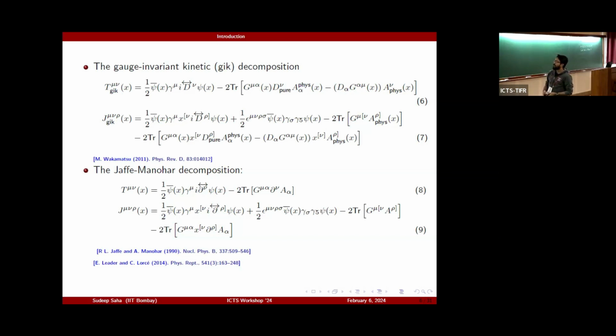And next we have the canonical decomposition or the Jaffe-Manohar decomposition, which we get by using Noether's theorem. This decomposition also separates the total angular momentum of quarks and gluons into spin and orbital angular momentum parts, but it is not gauge invariant, and only the operators related to the orbital angular momentum and spin of quarks satisfy the SU(2) algebra.